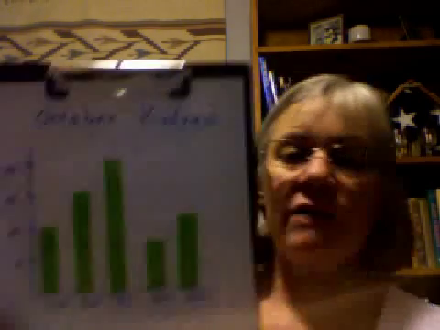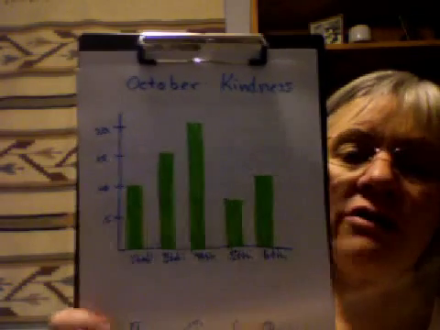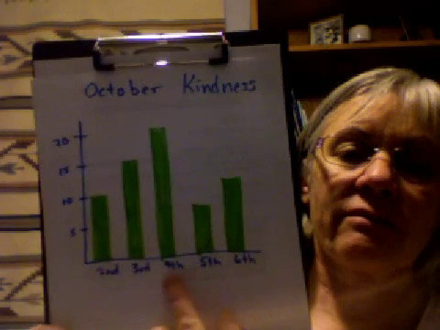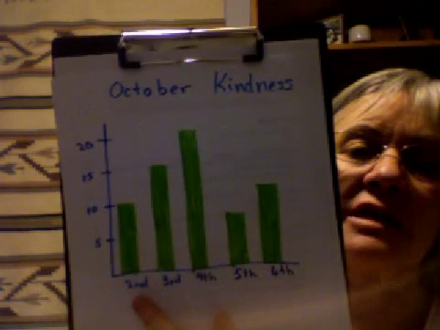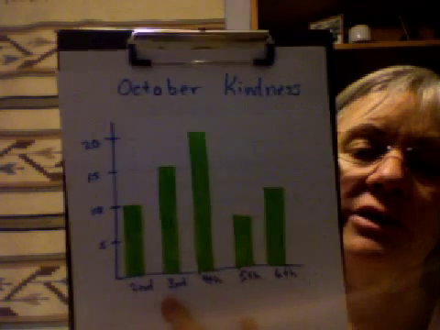And I've created bar graph 2. Once again, I'm using the information from the table. Bar graph 2 shows all the different grades with the number of kind acts performed only in October.